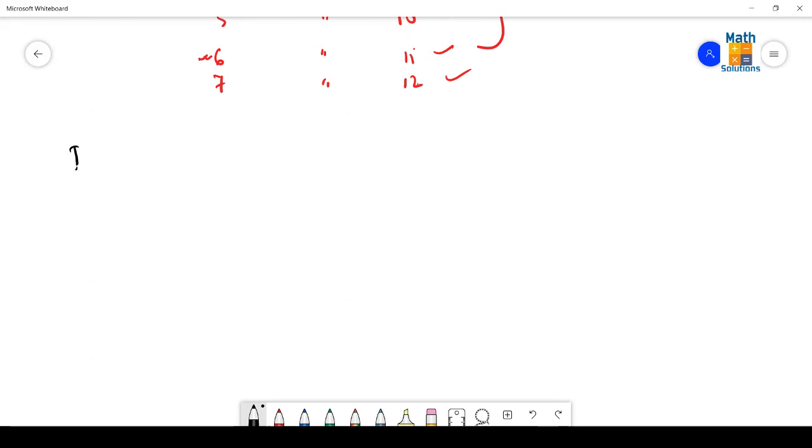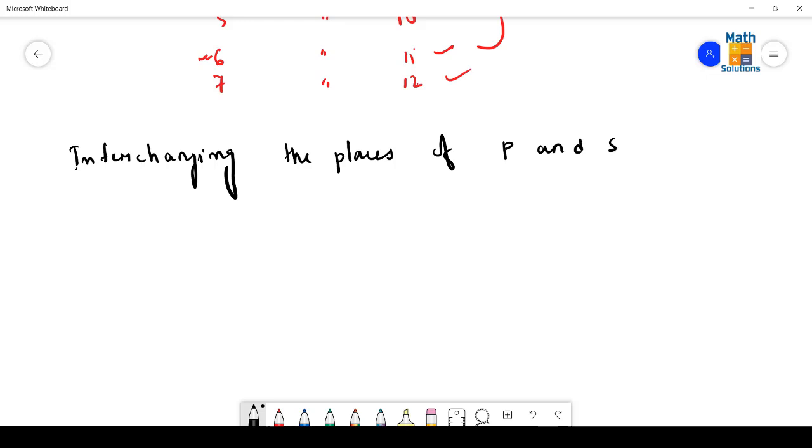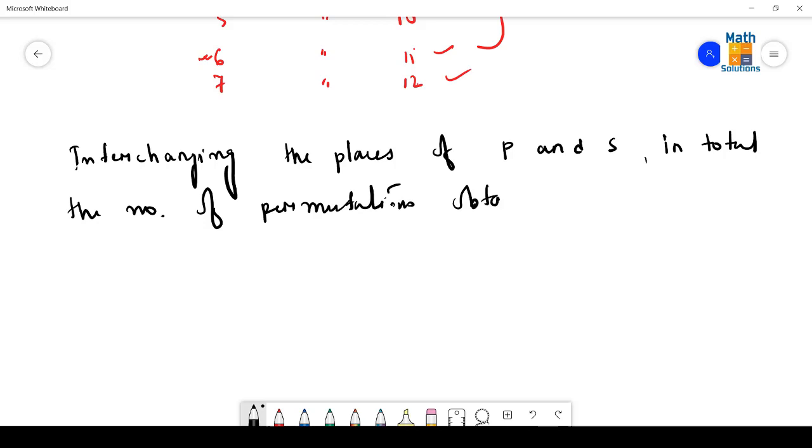So here we can write: interchanging the places of P and S in total, the number of permutations obtained, or you can say the number of arrangements.